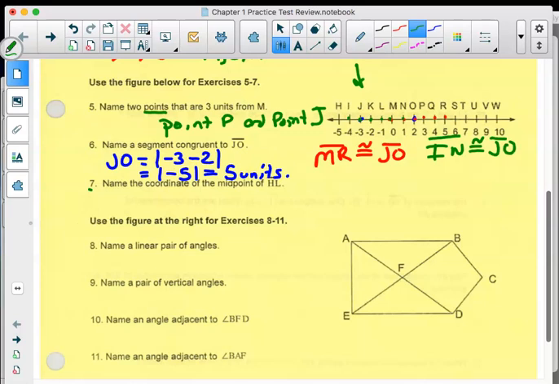I hope you're starting to see I'm looking for segments with length 5, and I start at one point and count on to its endpoint. So my last one, I start at one point and count on to its endpoint: 1, 2, 3, 4, 5. And so segment W is congruent to segment JO as well.